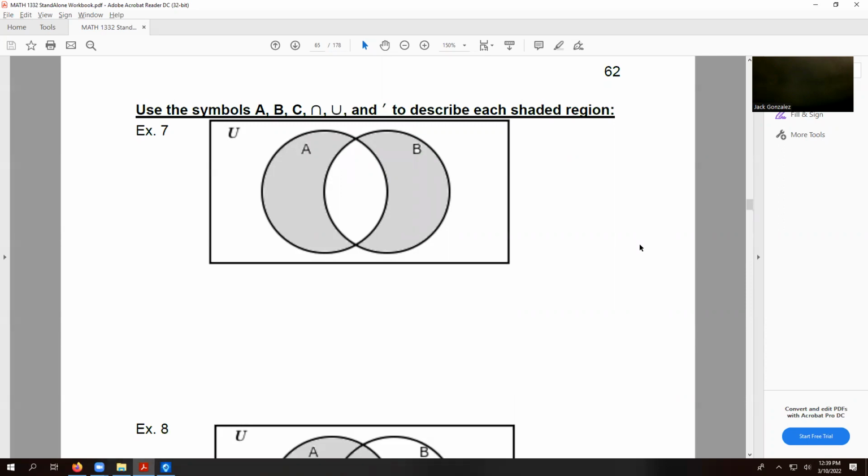If A and B were completely shaded, you would say A union B right away, the whole thing. But they're removing that intersection. A intersect B would be the middle. They want to know the shaded part, so not that, the rest. How do we write that?